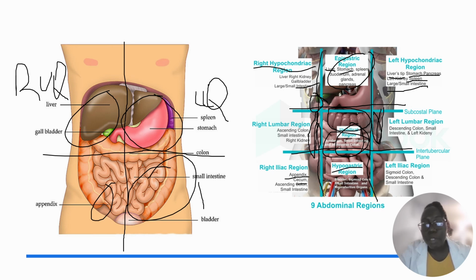And the hypogastric region, we have the bladder, the sigmoid colon, we have a part of the small intestine, and we have the reproductive organs.